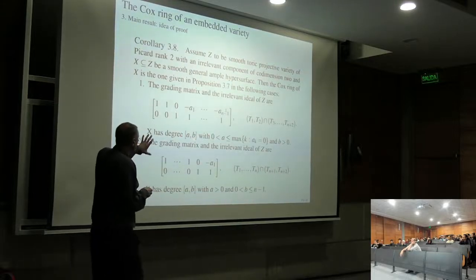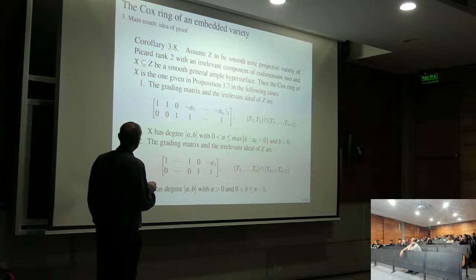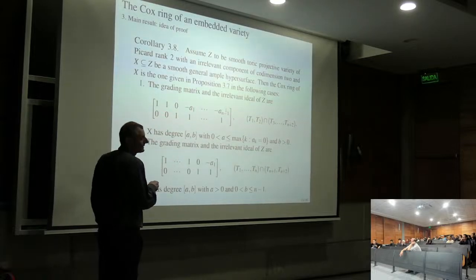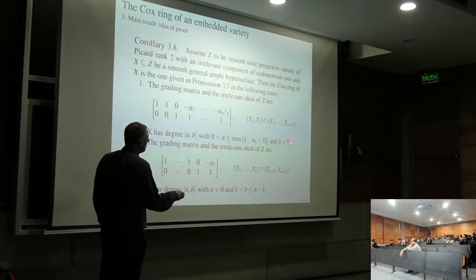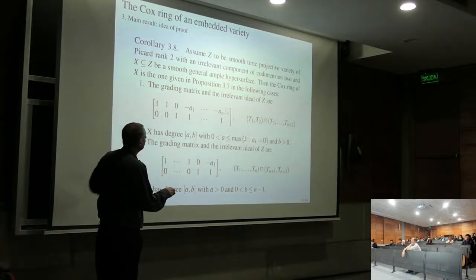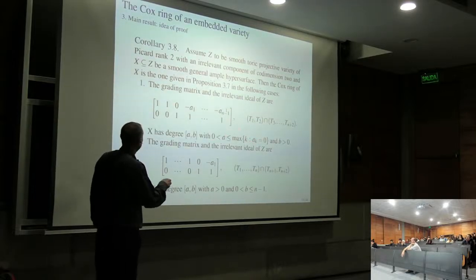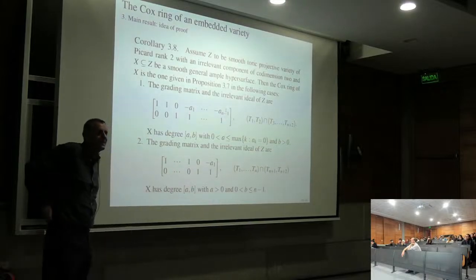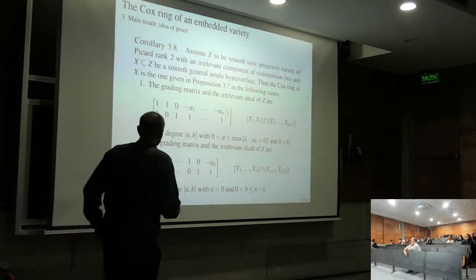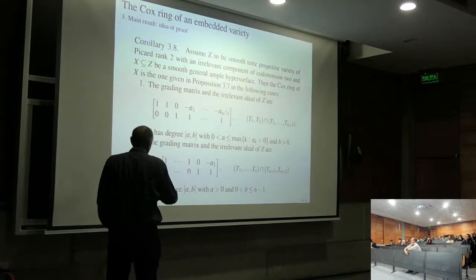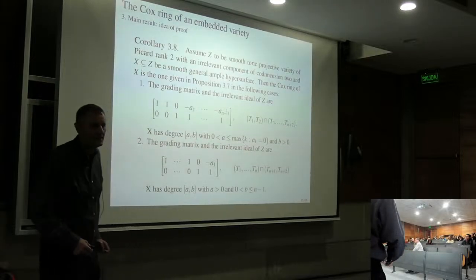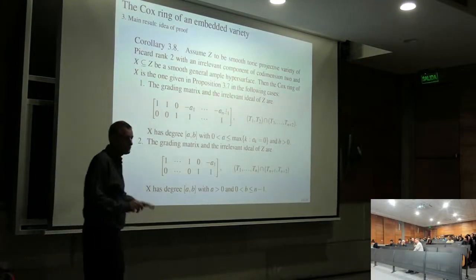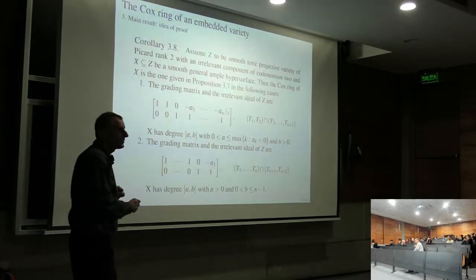In order for the hypersurface to be ample, it has to belong to the positive quadrant. So A and B have to be positive. So B here can be whatever you want, but A has to stay bigger than 0 and at most this number, which depends on how many a_k are equal to 0. And in the second case, the bound is on B. So we have different bounds on A and B for having the Cox ring. So this is the situation.